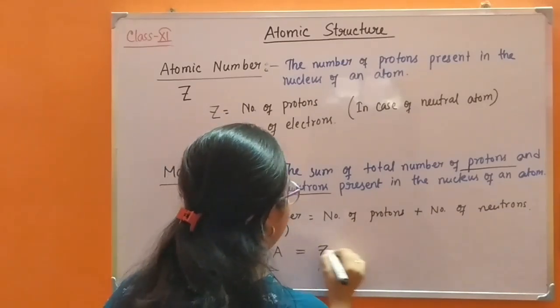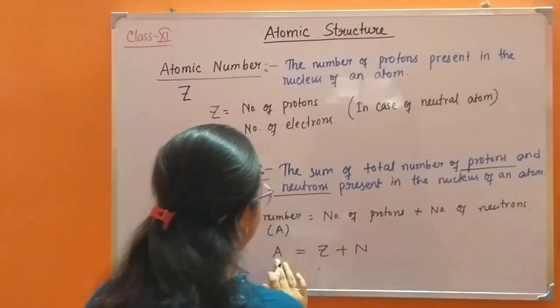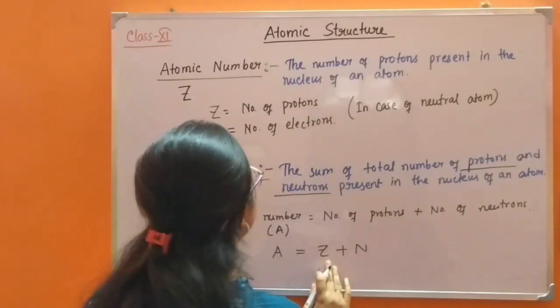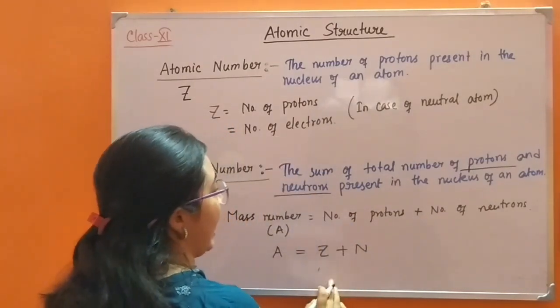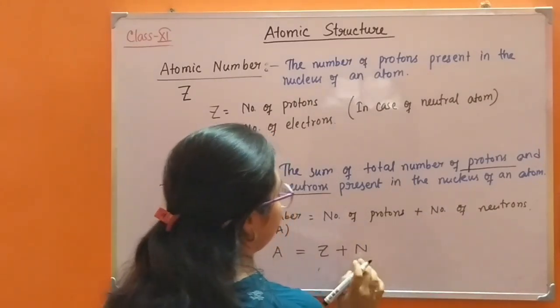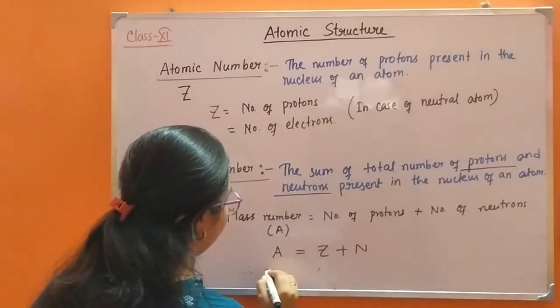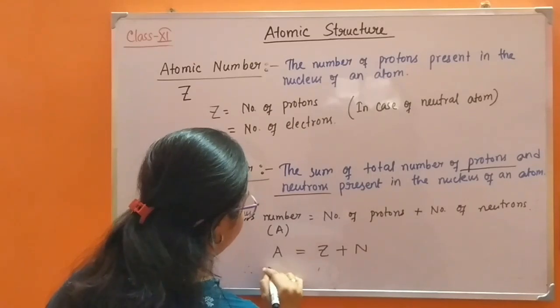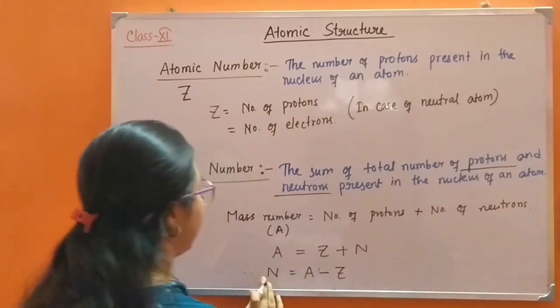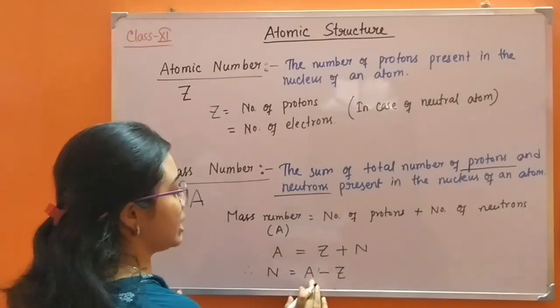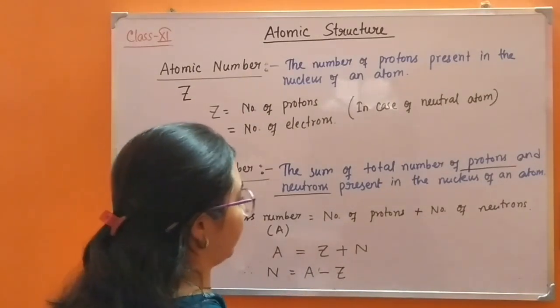A equals Z plus N, where A is mass number, Z is atomic number, which equals the number of protons, and N is the number of neutrons. So from here, N equals A minus Z. That means the number of neutrons equals mass number minus atomic number.